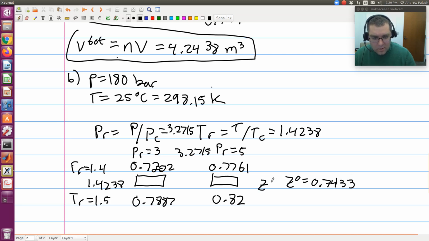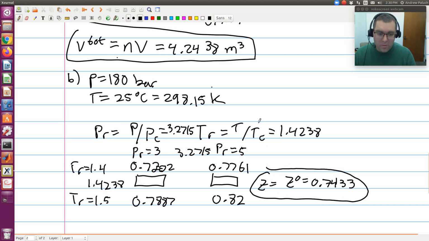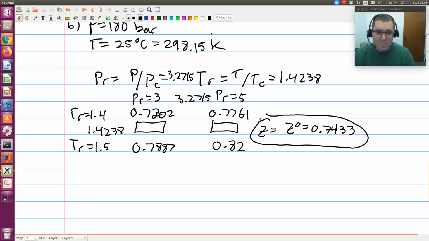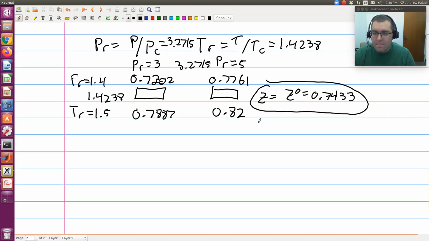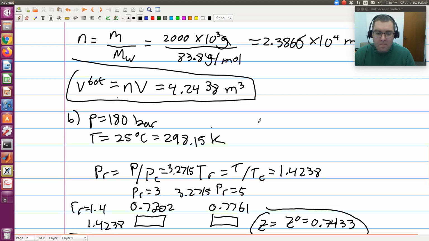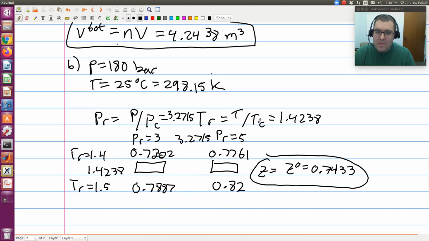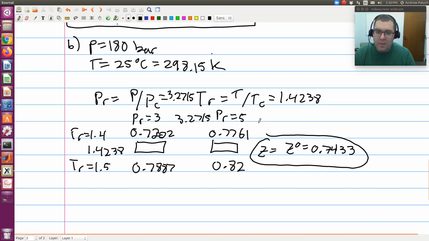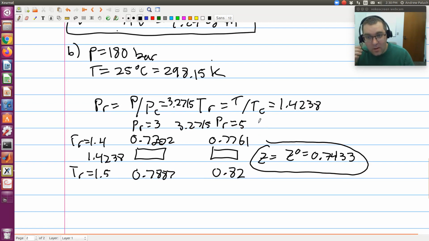Again, since omega is 0, Z is equal to Z naught, which is 0.7433. All right, so now I have my Z. I have P and I have T. What I'd like to calculate next is the molar volume.